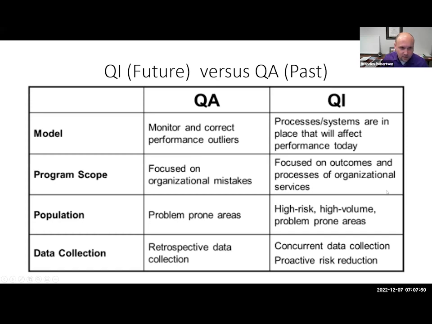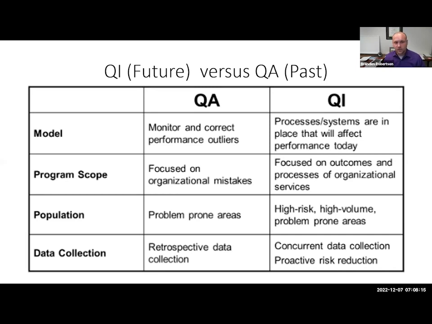So this is a little bit of what I talked about, this negative connotation that we worry about with quality assurance. If you look at this, quality improvement is the future of what we're doing. Quality assurance is the past in a couple of different ways. One being that old mentality of thinking about quality, but also the retrospective nature of quality assurance.